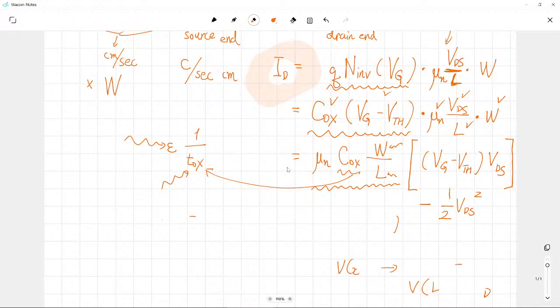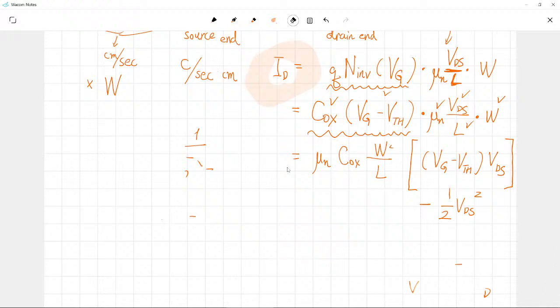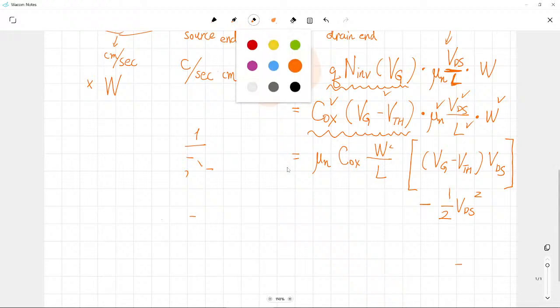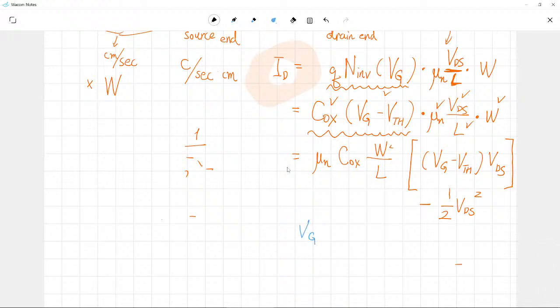So where can we apply this expression? This expression looks really beautiful. However, this expression is valid only under a certain limitation. Let me write it down. It is assuming that your gate voltage is larger than threshold voltage.